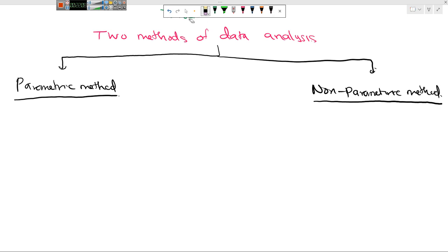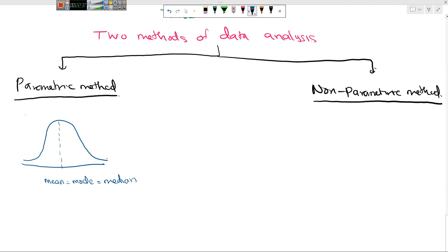This is the key assumption that we made during our previous semesters. A normally distributed data set will appear something like this, where mean is equal to mode is equal to median.